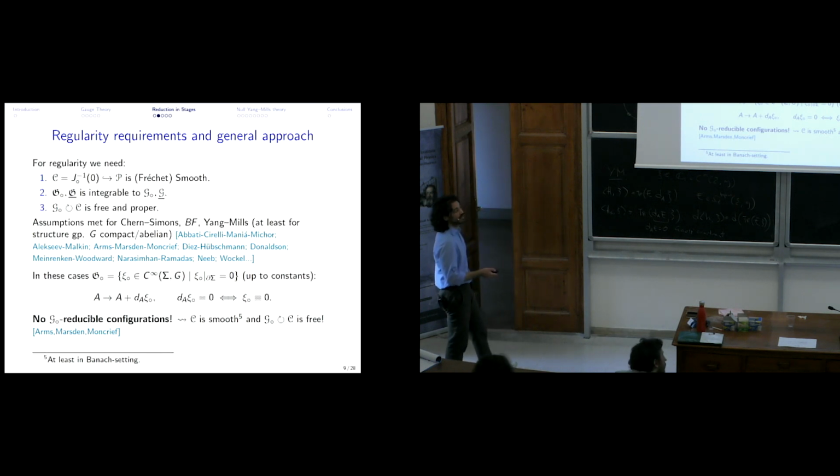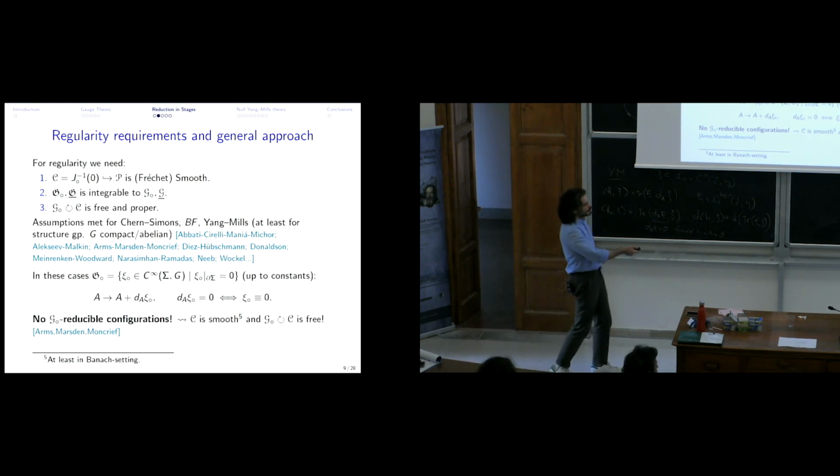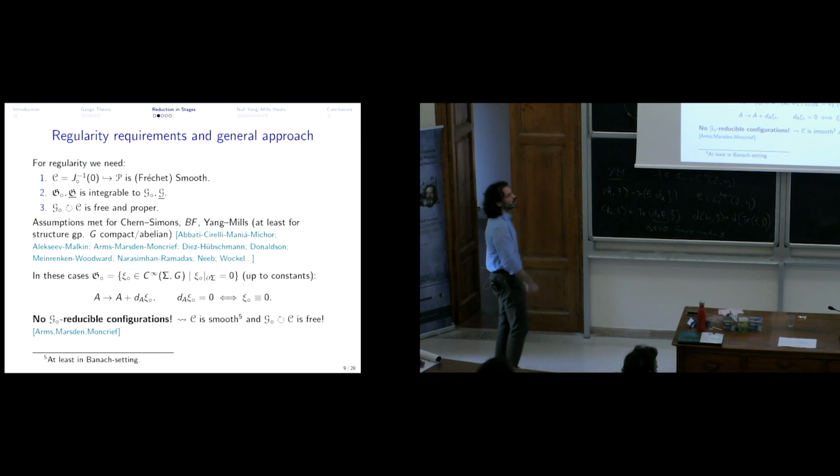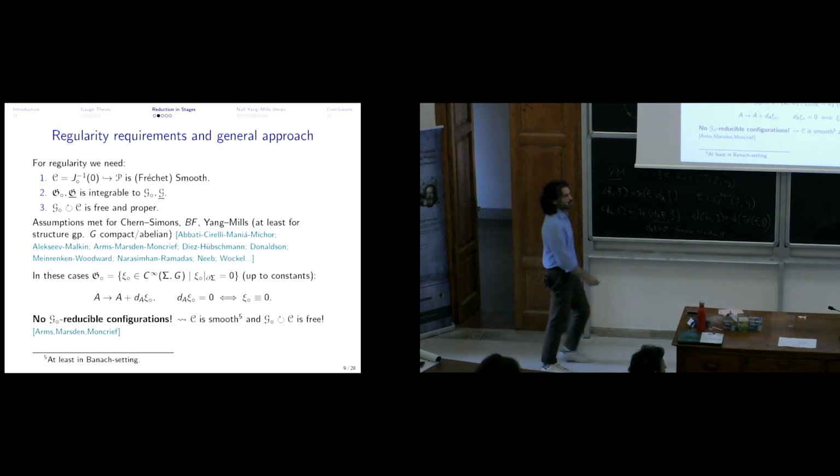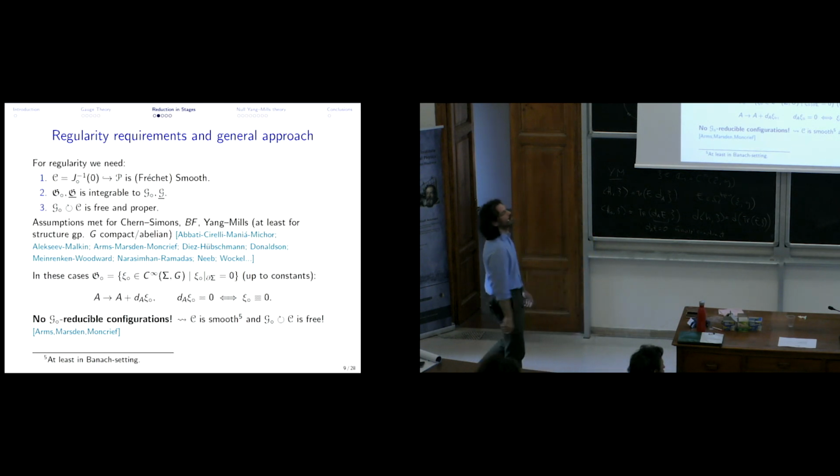Up to constants, in the case that you're looking at an abelian group action, then you have to add constants here. And when you're looking at a quotient, you need to ask yourself whether there are stabilizers. Stabilizers need to satisfy this equation for theories of connections. But you can see with a simple argument that there are no stabilizers for this G naught action. So Chi is smooth and the action is free.